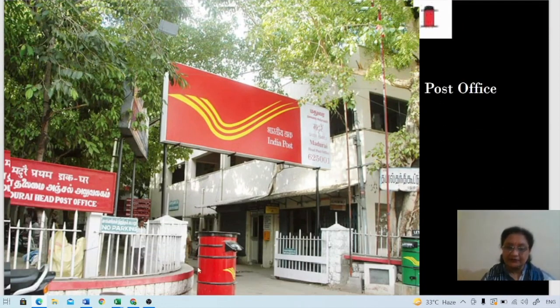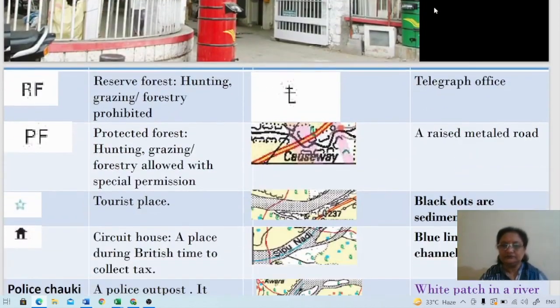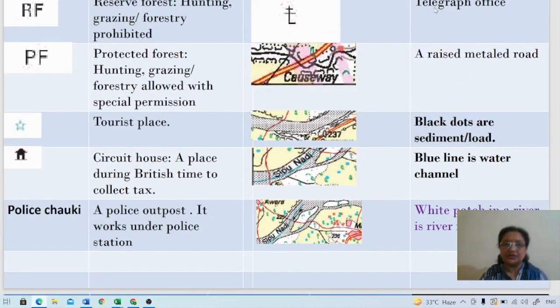I was telling you just now, have you seen the post box? You can see one post box is shown in this picture. If you remember the shape of the post box, you will be able to easily identify the post office symbol. This is the symbol shown for the post office. Clear? So these are the things.